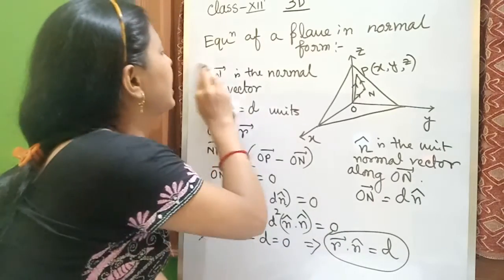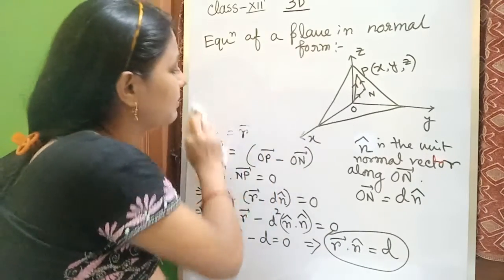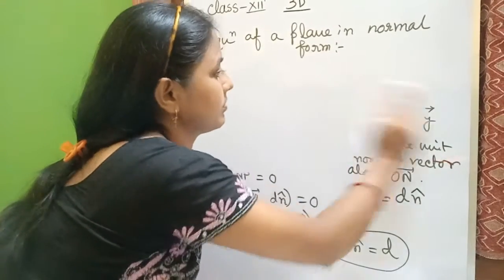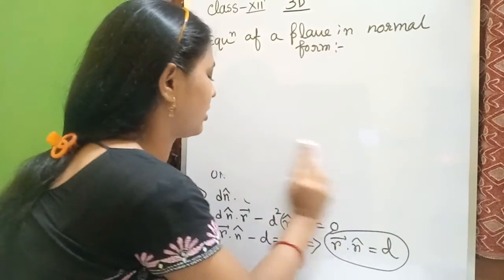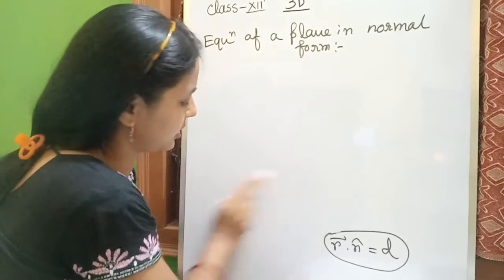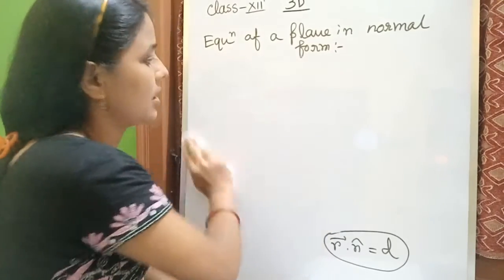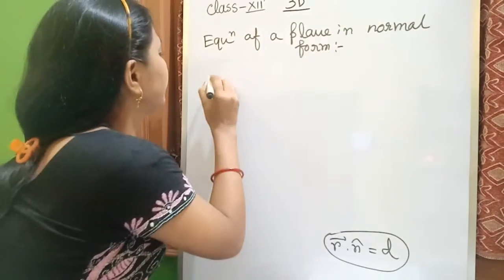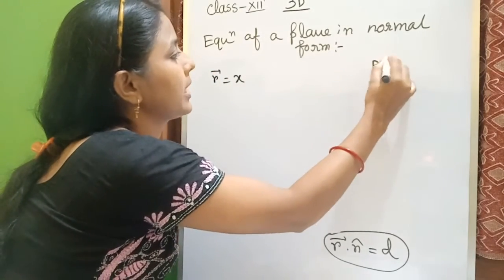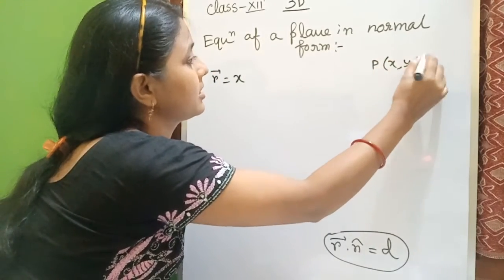Okay, now we will be doing the same thing in Cartesian form. Vector form we already have got, so we will be doing it now in Cartesian form. Now for Cartesian form, r vector of P was x comma y comma z, right?